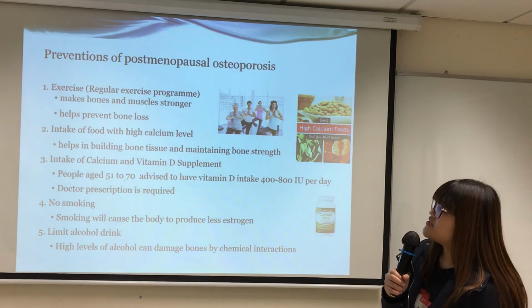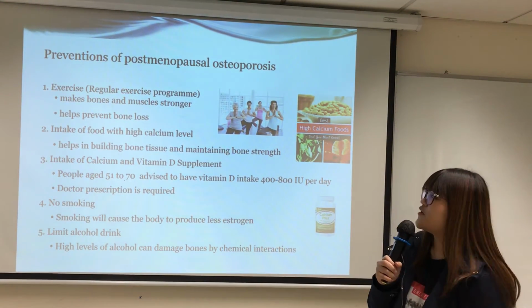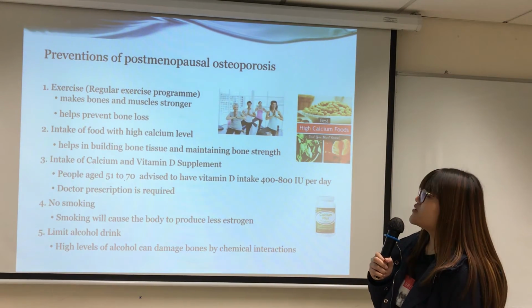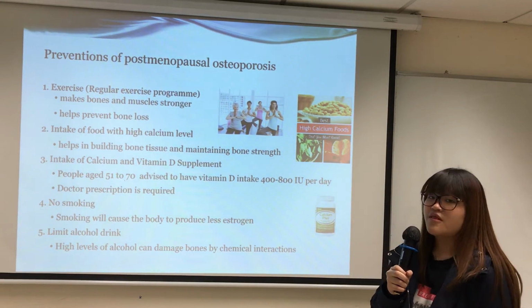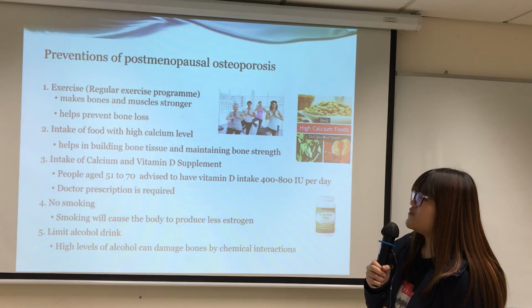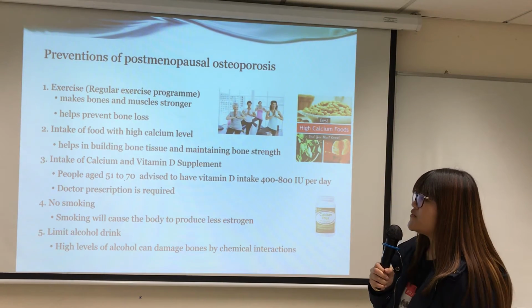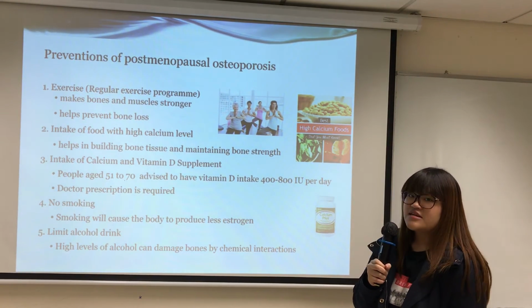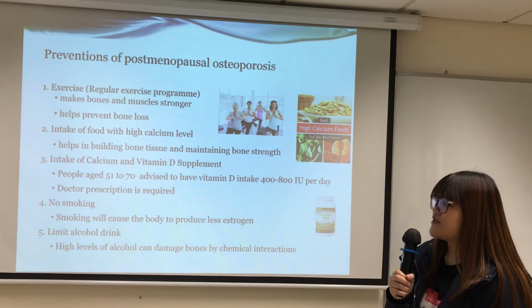Here are the preventions of postmenopausal osteoporosis. First of all, a regular exercise program makes the bones and muscles stronger and helps to prevent bone loss. Also, intake of food with high calcium level helps in building bone tissue and maintaining bone strength. Moreover, take calcium and vitamin D supplements.